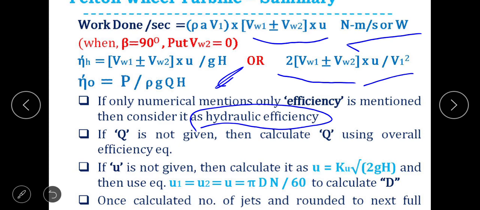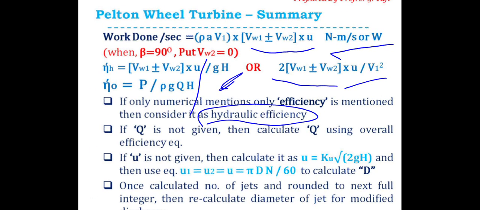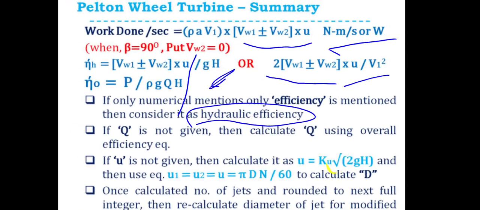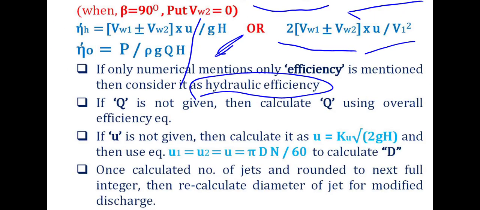Once you have calculated the number of jets and rounded to the next full integer, then recalculate diameter of jet for modified discharge.